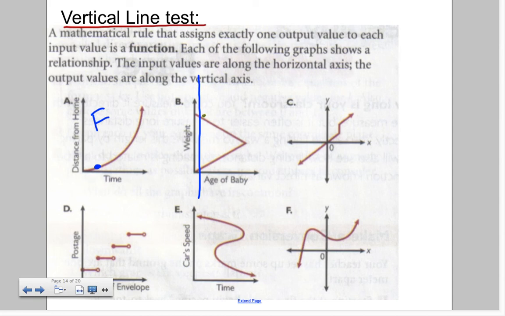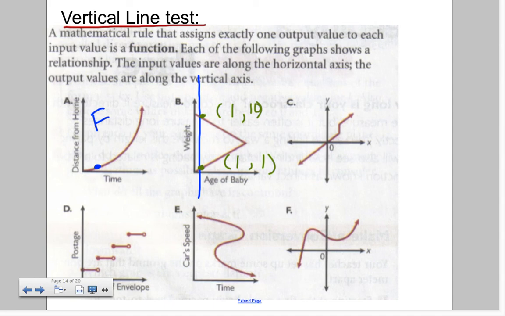I sure hope you're seeing one time here, one time here. Do you guys see how these points overlap? This means that, think about the ordered pairs. Think about this as 1, 1. Think about this as 1, 10. What do you notice?